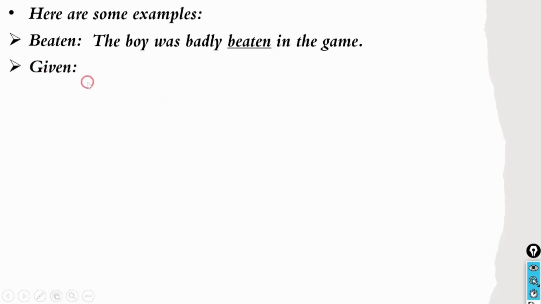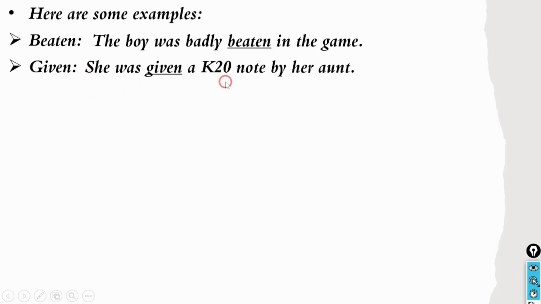Like also "given." The word "give," we have added the en to become "given." Here we say, "She was given a 20 kwacha note by her aunt." The giving of the 20 kwacha was done in the past. We cannot say "she was gived a 20 kwacha note by her aunt."